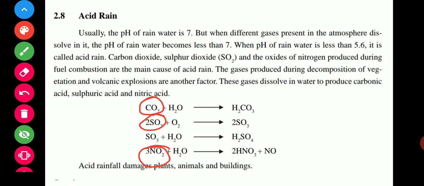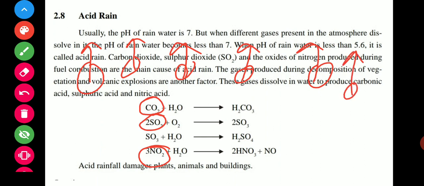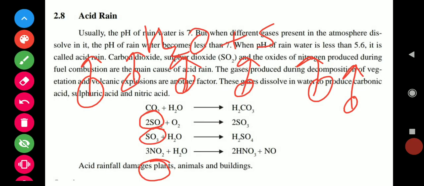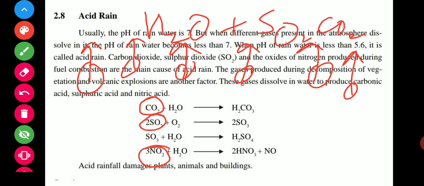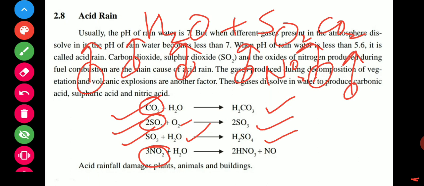So these oxides go up and up. These sulfur dioxide molecules go up, and in the atmosphere there is moisture and clouds have water. Whenever they combine, SO2, CO2 and NO2 with water, carbon dioxide reacts to form carbonic acid, sulfur dioxide reacts with oxygen to give sulfur trioxide, and sulfur trioxide reacts with water to give sulfuric acid, and nitrogen oxide reacts with water to give nitric acid.